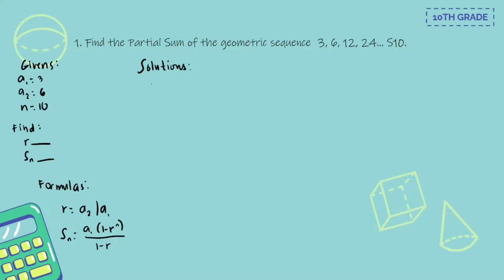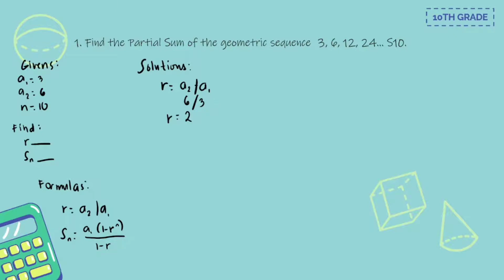So first, the common ratio. Our a sub 2 is 6 and our a sub 1 is 3. So 6 divided by 3 is 2. So therefore our common ratio is 2.